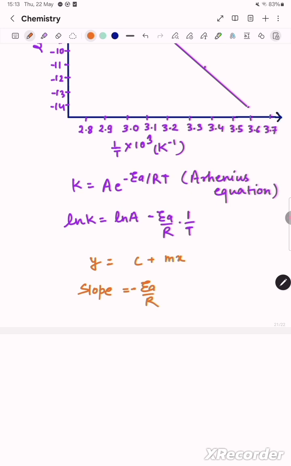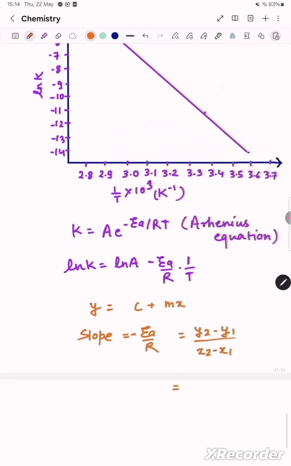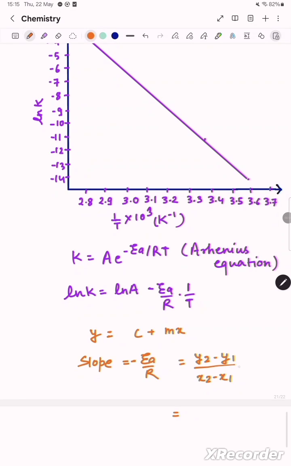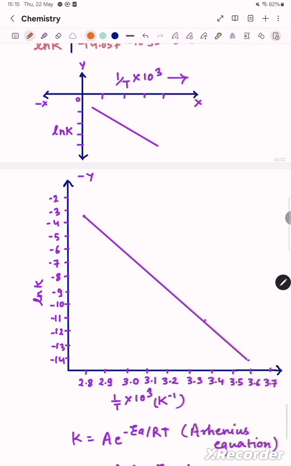So slope value will be equal to, how to calculate, y2 minus y1 upon x2 minus x1. Here from the graph we take y2 and x1 value. Now here we take slope value y2 minus y1 from the table.